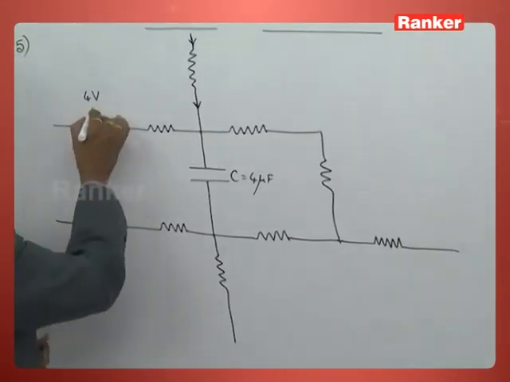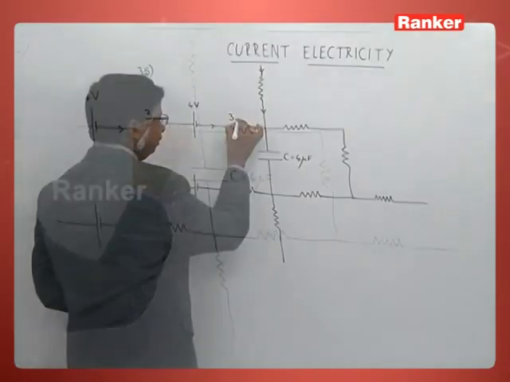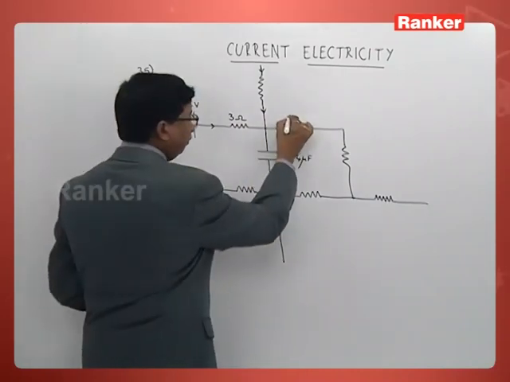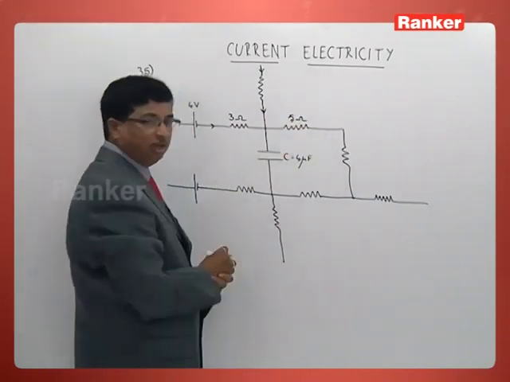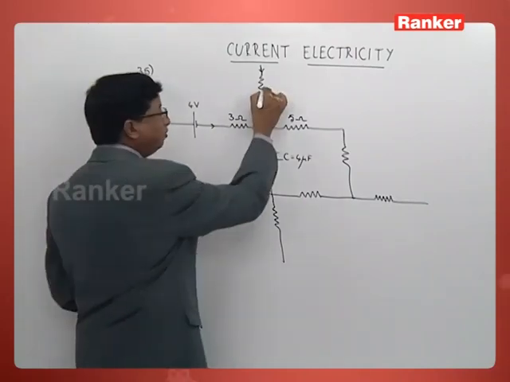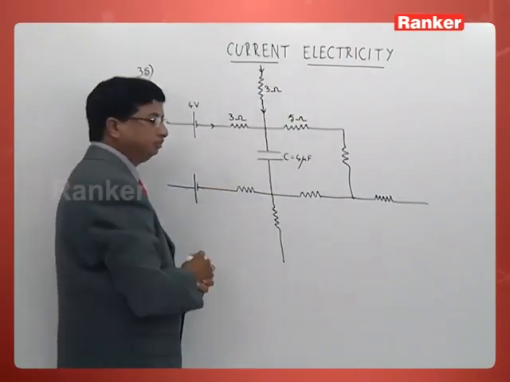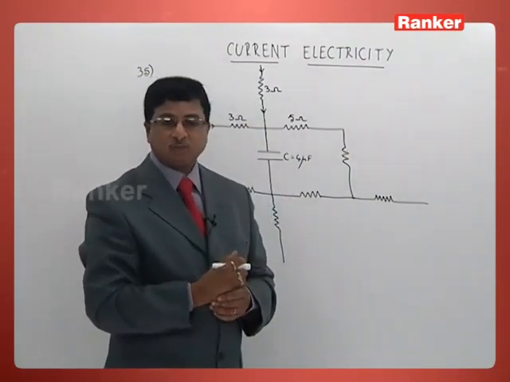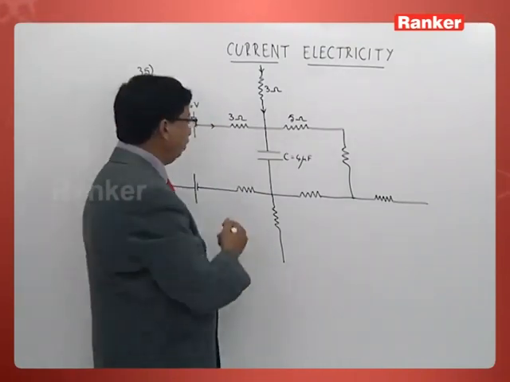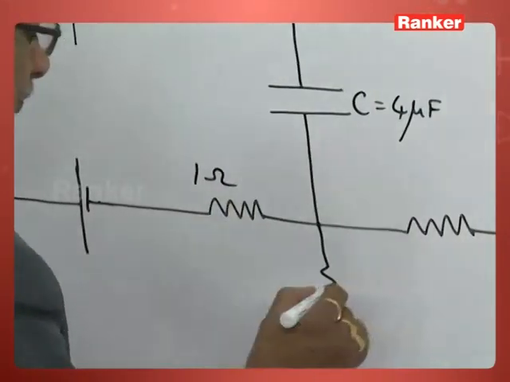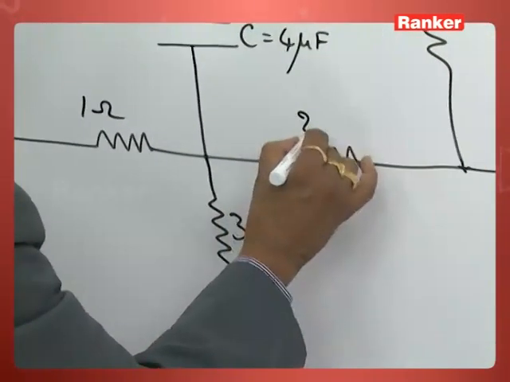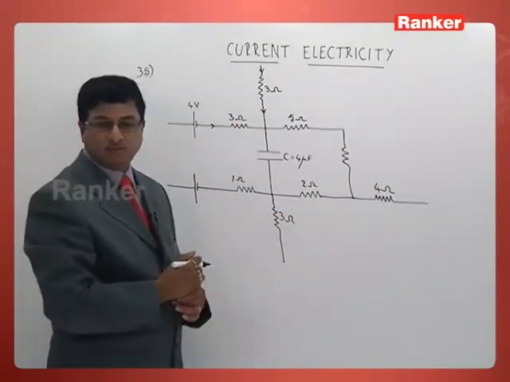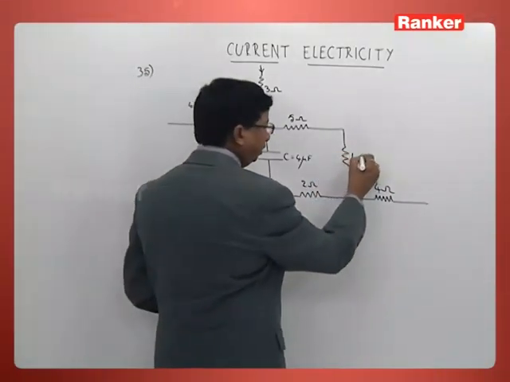This one is 4 volt. This is given 3 ohm, the resistance. This one is 5 ohm. Likewise, this is 3 ohm once again. And the other resistances mentioned over there are 1 ohm, 3 ohm, 2 ohm and 4 ohm. And one more resistance mentioned over here is 1 ohm again.